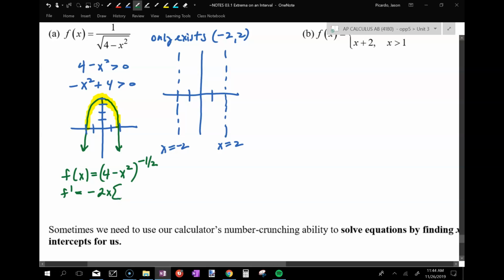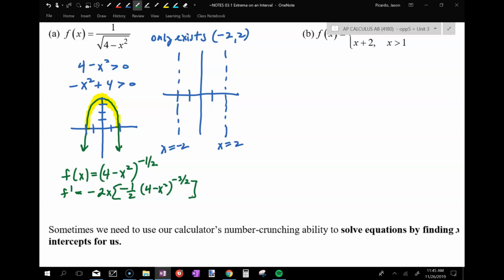-2x. All right, what's the derivative of the outside? Well, the -1/2 comes in front. This stays. And 1/2 minus 1 is -3/2. All right, well, what things happen here that might make this a little bit easier?